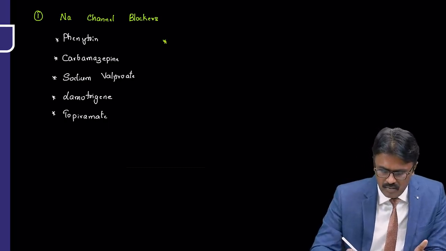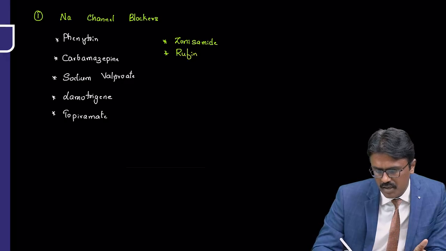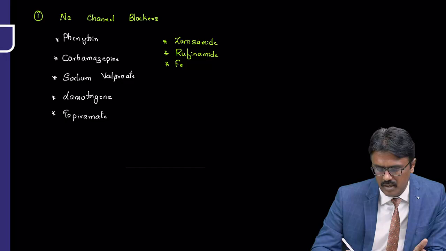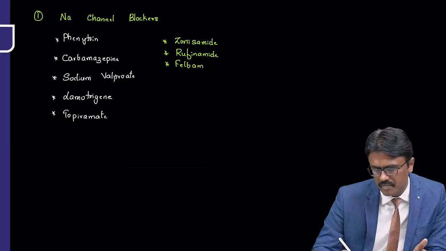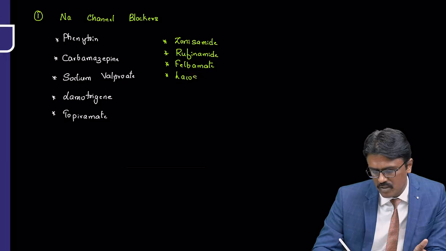The other sodium channel blockers are zonisamide, then a drug by the name rufinamide, a drug by the name felbamate, and a drug by the name lacosamide.